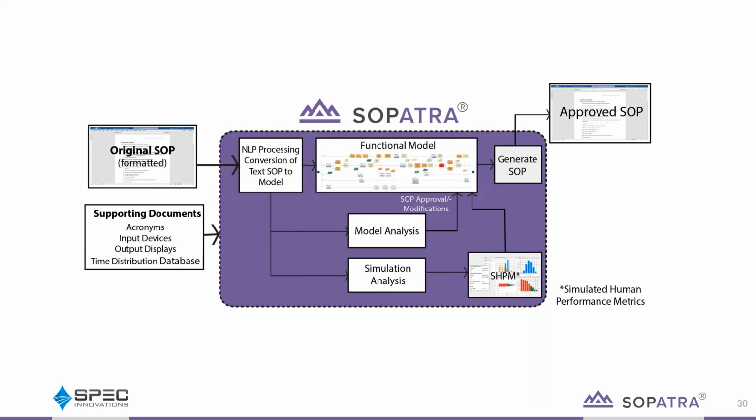So what we do is take that information, we convert it, and we create the functional model. Then, of course, you can analyze that model, simulate it, and Sopatra's been tailored to provide the specific outputs that we're looking for: AOTW, TOP, PBT, all those metrics are shown now as an output of the Monte Carlo simulation.